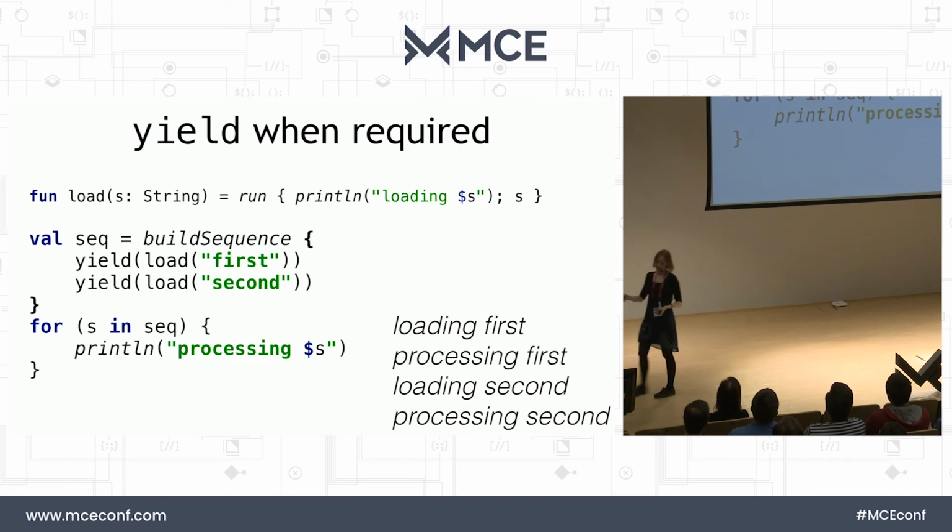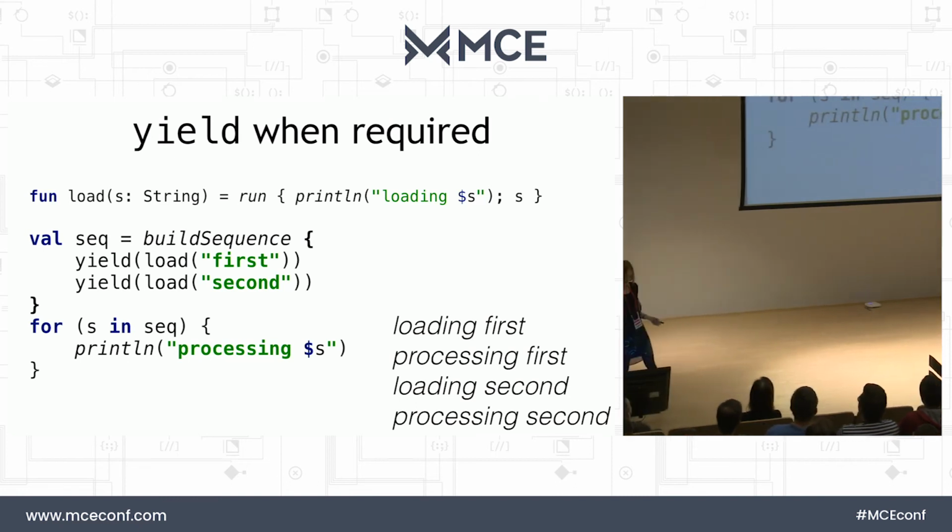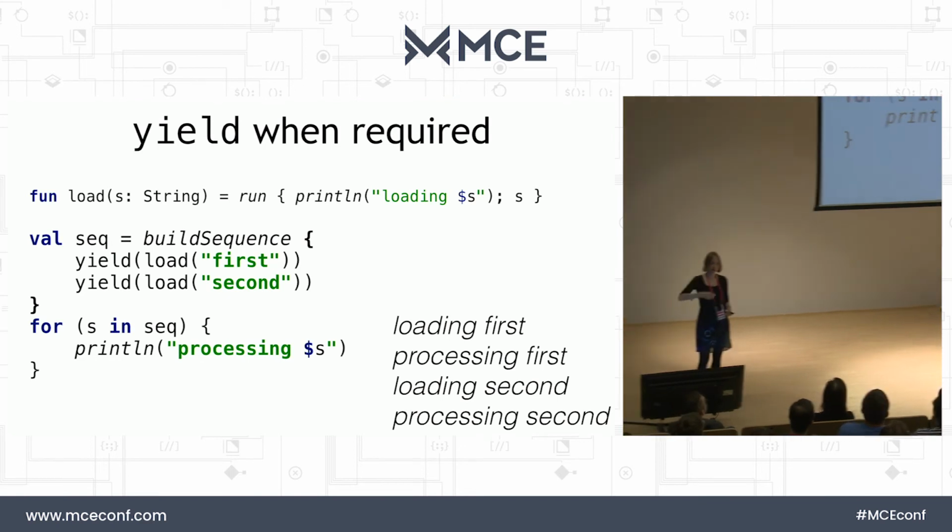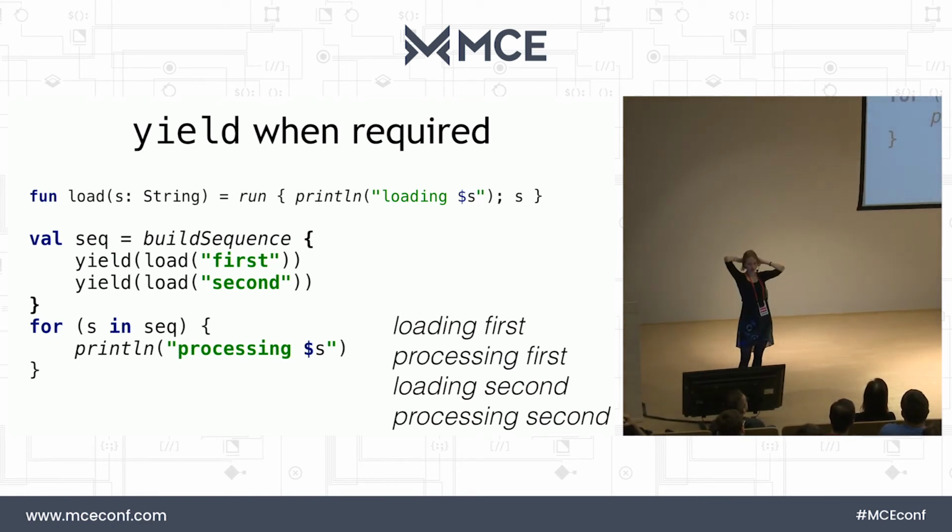So what's the example? Here we can build a sequence and yield all the elements. You can yield sequence, you can yield range, you can yield whatever, you can yield indefinitely, and the actual yielding happens only when you require for that. So here below, we iterate over sequence, and you can see the output that the first loading happens only when you request for it.